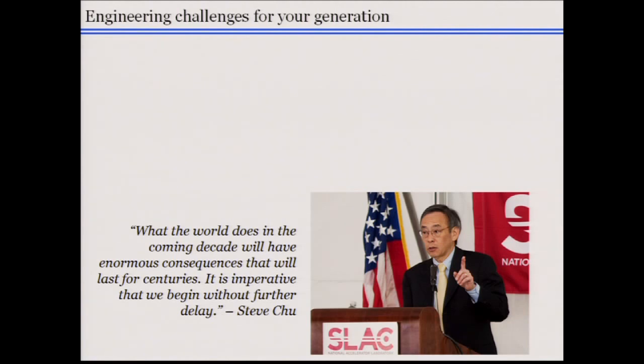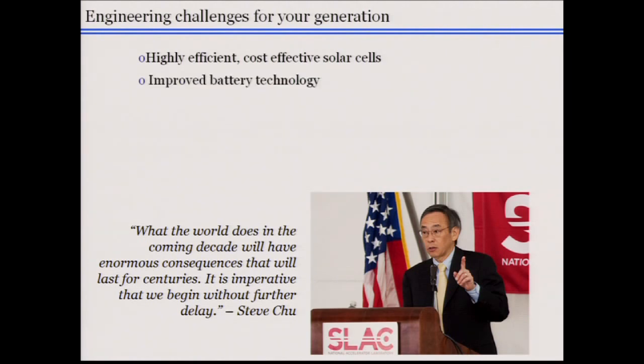Okay, so I have about 1 more minute, and I just wanted to sum up with some engineering challenges for, I think, the younger generation. I think one of the big challenges that is faced by your generation would be making highly efficient, cost-effective solar cells, so ways of coming up with carbon neutral or carbon-free sources of energy.